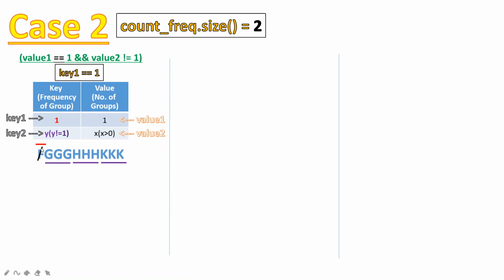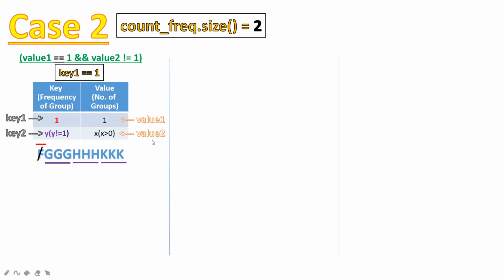We just need to consider the length of the existing array and store it in the answer. So whenever we come across this kind of situation where we have 1 as key and the corresponding value is also 1, then we know that the prefix array we are looking at is the desired answer, and we need to update our result accordingly. So this case is basically when value 1 is equal to 1 and key 1 is equal to 1.